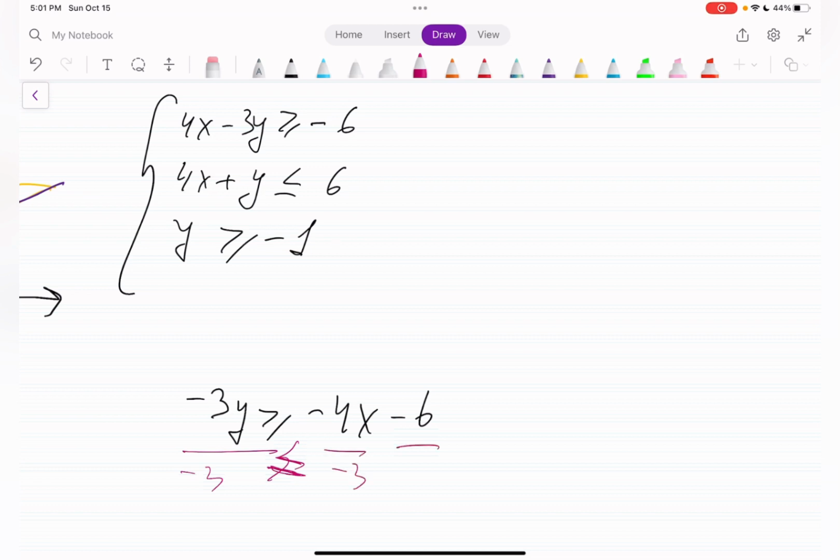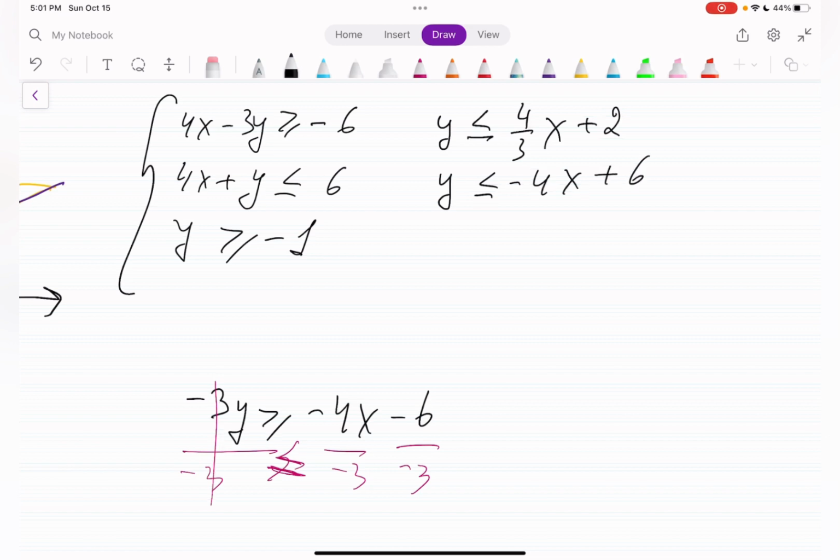Dividing by -3, -3, I'm getting y less or equal to +4/3x and plus 2, right? Okay. Second one, it's going to be y less or equal to -4x plus 6. And third one, y is greater or equal to -1. Okay.